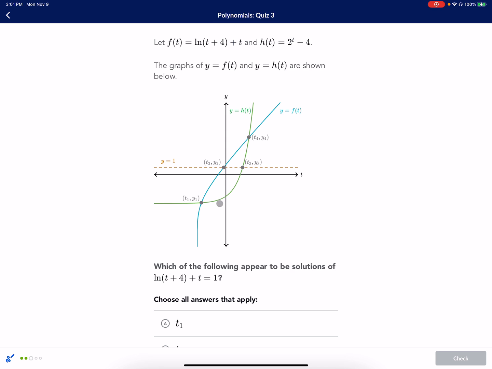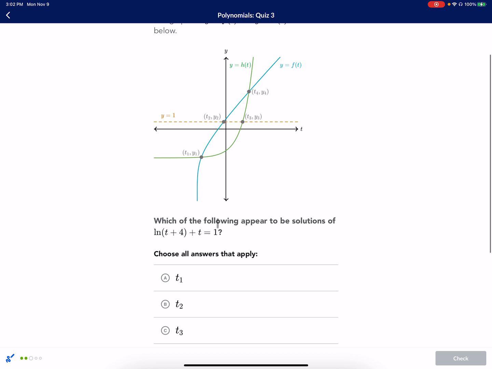So it says, which of the following appear to be solutions of that? Well, the solution of two functions being set equal to each other is the x value at that intersection point. Here we're dealing with t's instead of x's, so t sub 2 would be our solution.